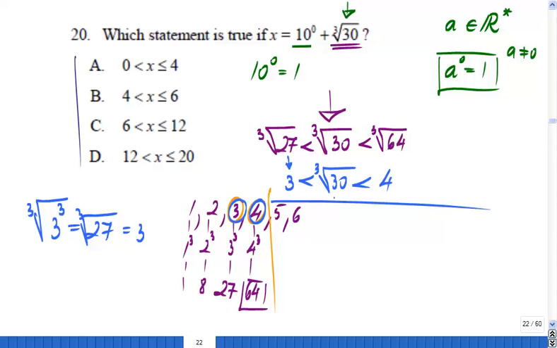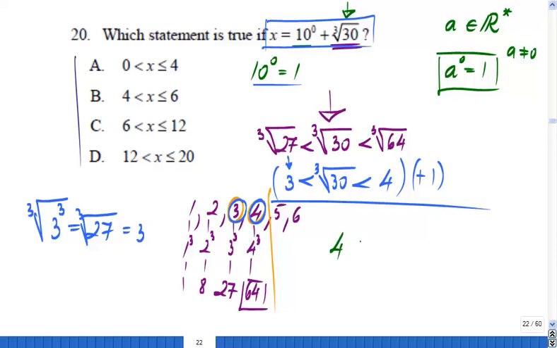Well, I know now that the cubic root of 30 is greater than 3 and less than 4. But your x is not just that. Your x is actually 10 to the power of 0 plus that. And to get that, knowing that 10 to the power of 0 is 1, I will just add 1 to every one of these numbers. What's happening now?